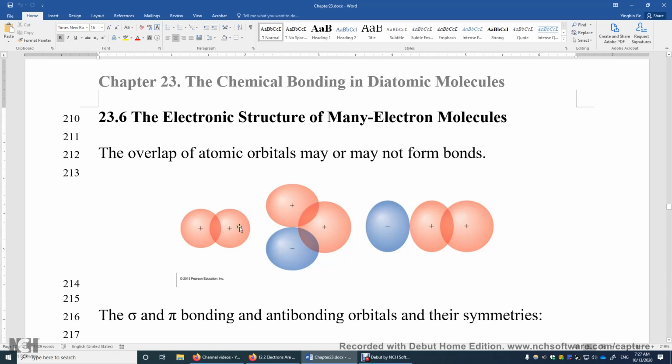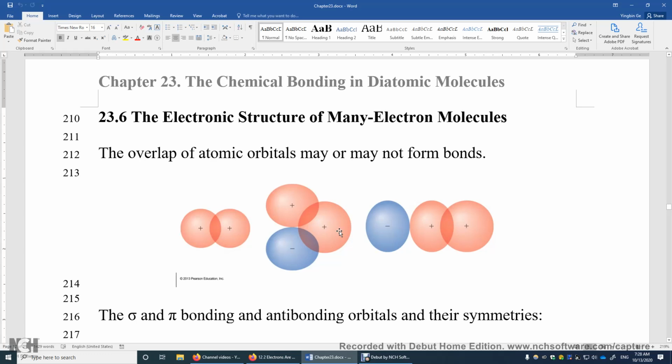S orbital, S orbital, they can have constructive interference. S orbital, P orbital. In this case, along the bonding axis, this P orbital is anti-symmetric with respect to a symmetry plane that contains this bonding axis, while this S orbital is symmetric with respect to the plane.